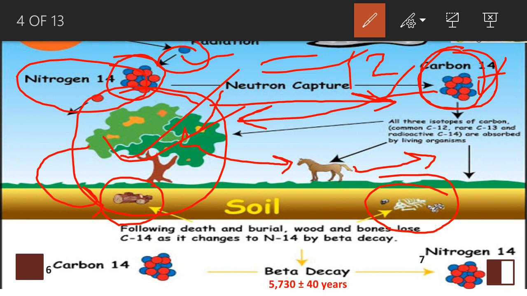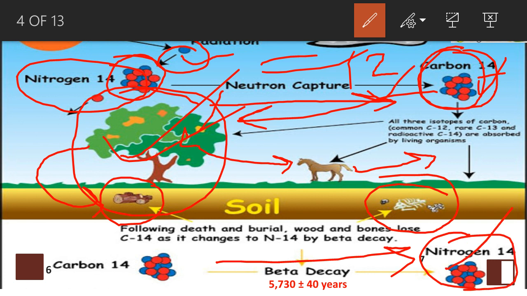So whatever carbon was trapped by that living body during its lifetime now starts decaying, particularly carbon 14. This carbon 14 decays by the process of beta decay, and it forms again nitrogen 14, which is normal.